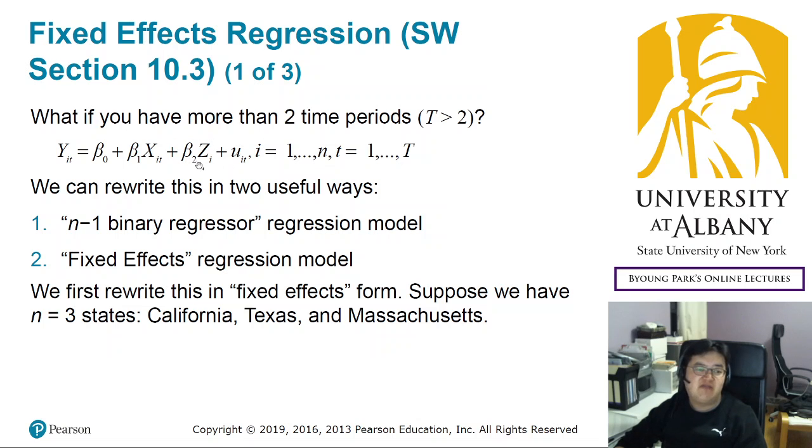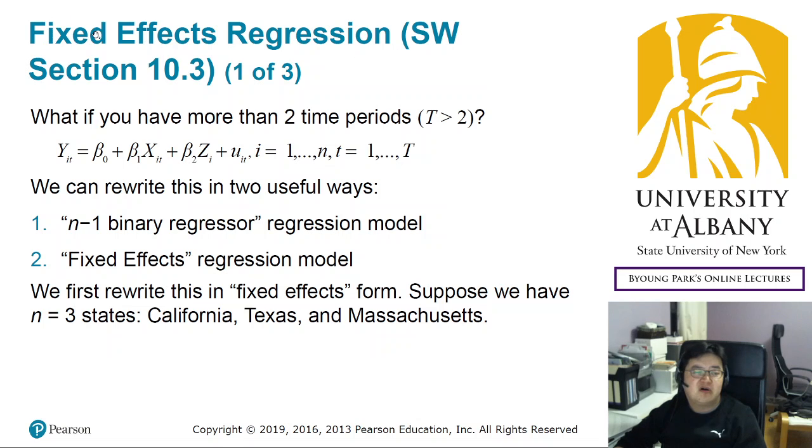We just have it here because we have to consider it, otherwise we suffer from the bias. But the problem is we have to remove this. We have to get rid of this by some method. That method is called the fixed effects regression model.